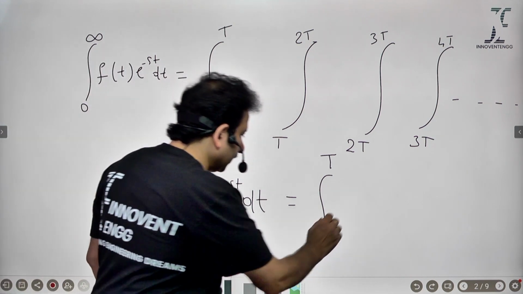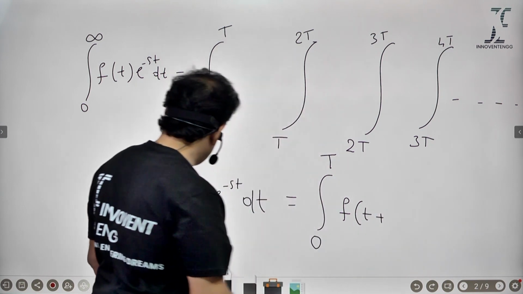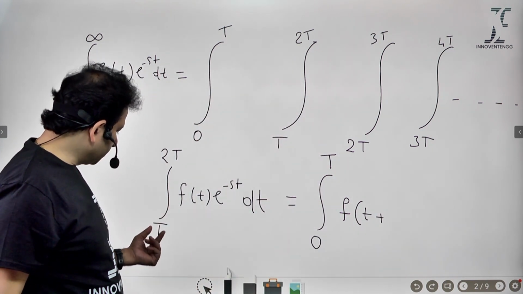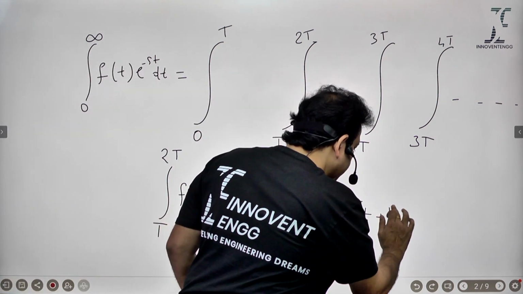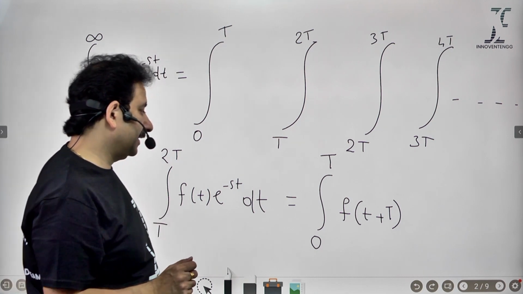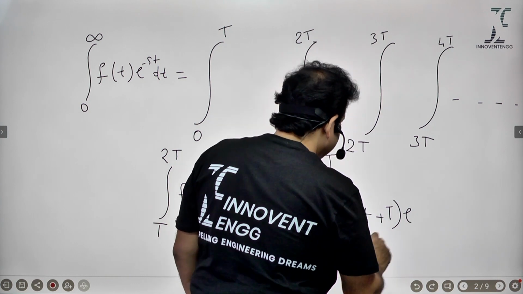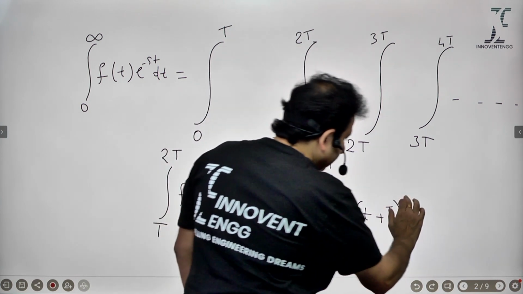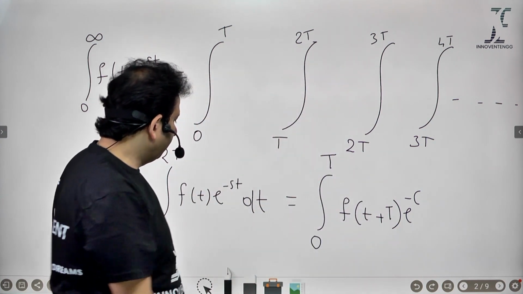And what happens, I'm going to add, you're shifting back by one period, because this becomes 0, this becomes T, one period, so I'm going to add that period over here. I'll also reason out why I'm adding capital T to small t, and then e power minus st, how that is going to change, because there also you will have to change t.